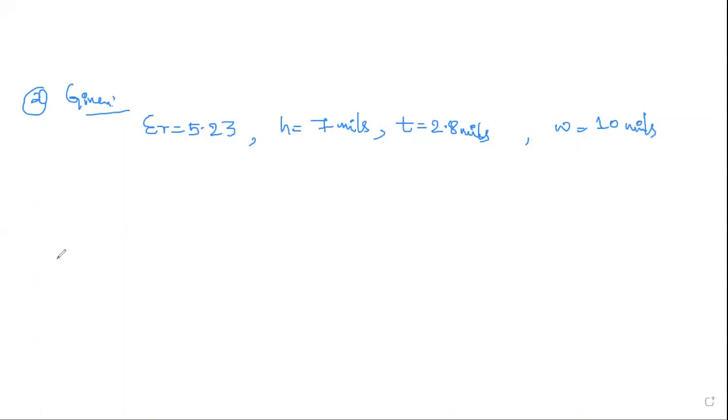Calculate the characteristic impedance Z0 of the line.